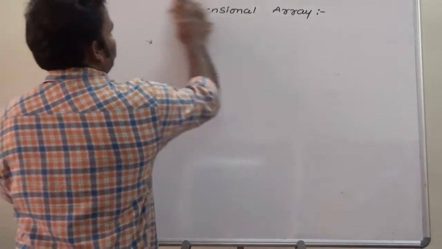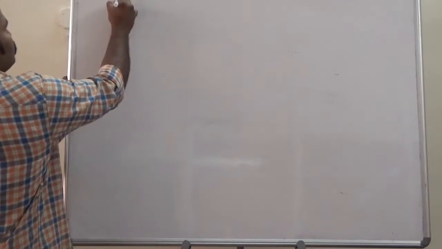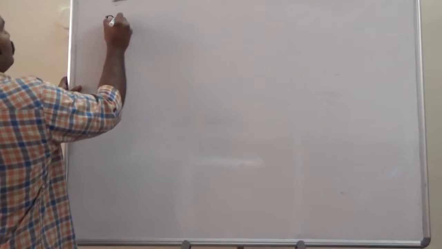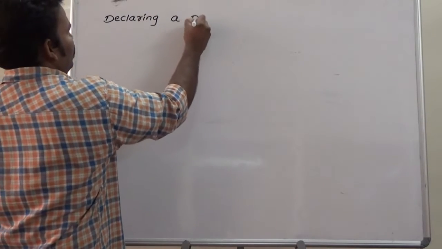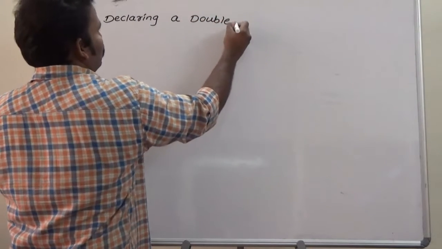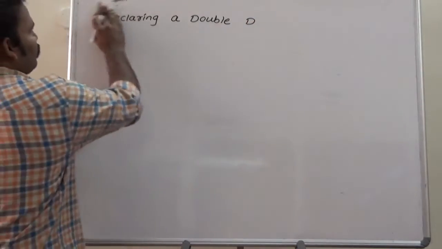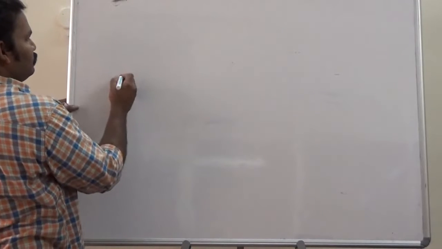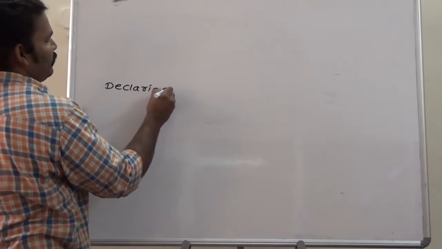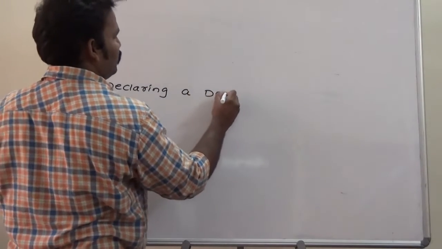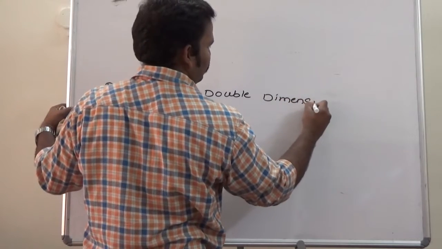Next we'll see declaration, declaring a double dimensional array.